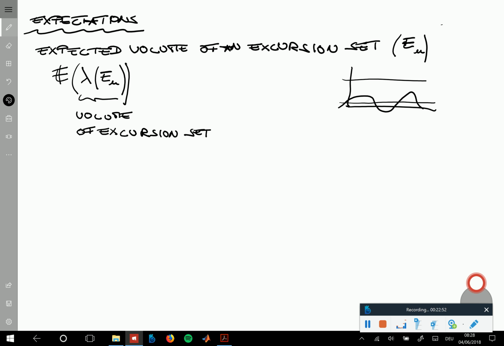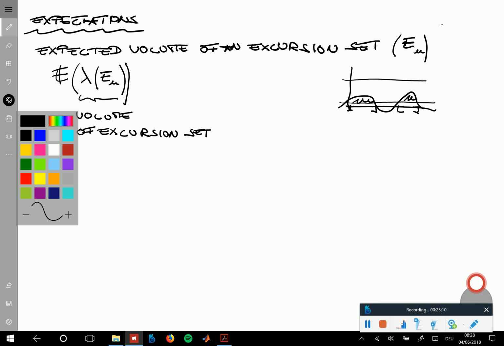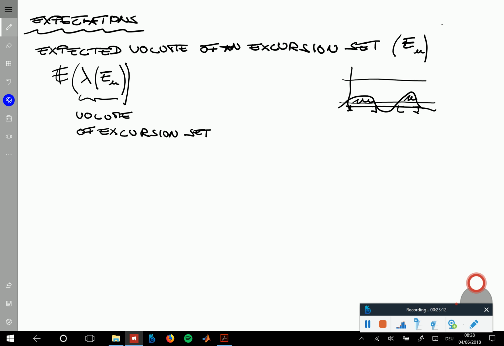So think about sampling this random field at a given threshold, and then assessing the excursion set volume. So basically measuring the volume of these two things, and then again doing this for the next realization at the same threshold, and doing this like 1,000 times, then go to the next threshold and do the same thing again.